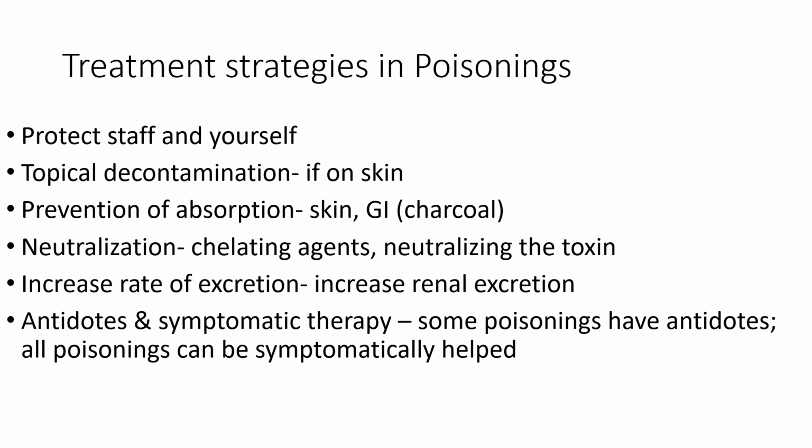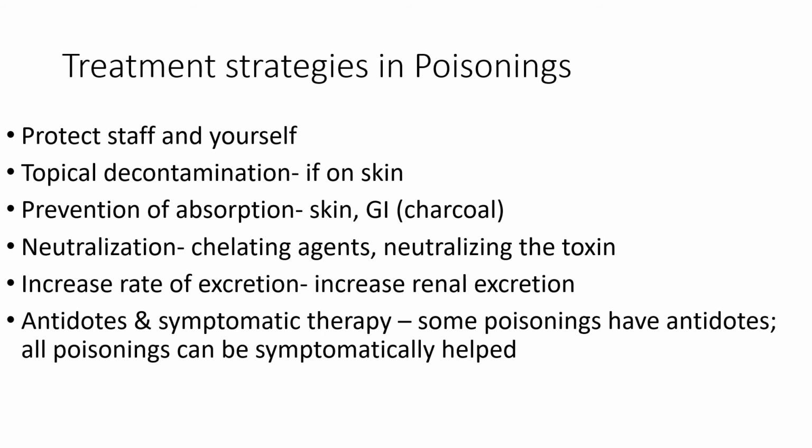Neutralization typically means neutralizing the toxin that's already made it into the bloodstream. So, for example, chelating agents are agents that bind to heavy metals. So if someone has a heavy metal poisoning, we'll get into it later, we can use chelating agents that can bind to it. Another example would be if someone has a poisoning with digoxin.